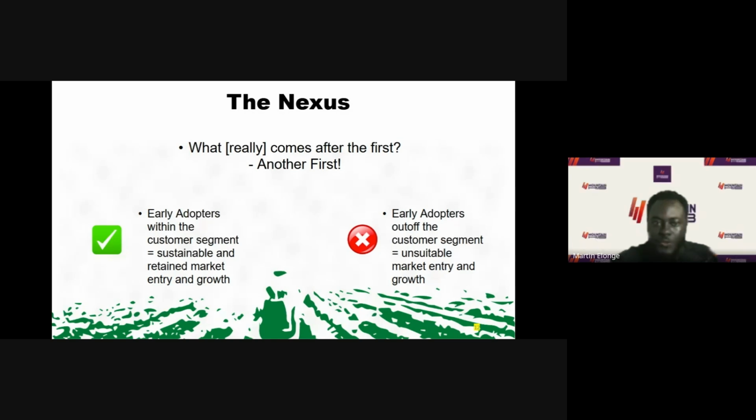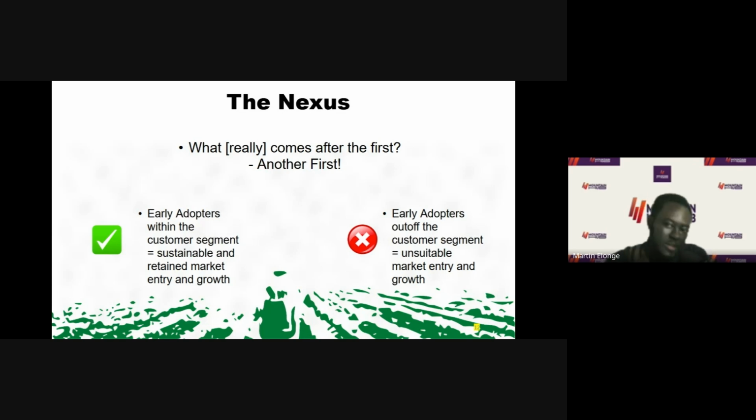So we want to use this equation: early adopters within the customer segment equal sustainable and retained market entry and growth, whereas early adopters out of the customer segment equal unsuitable market entry and growth. We just explained this in the previous slide. It's kind of a summary. Okay.